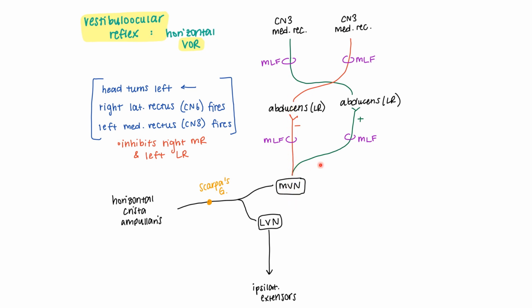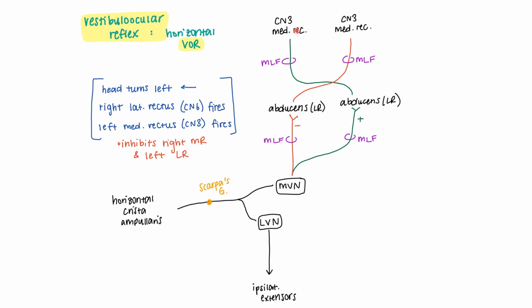And then contralaterally, we're going to activate it. So now that this is inactivated, all of the communication stops here, which means that we're not going to have any activation of our contralateral medial rectus. What's really important is that it's going to go contralateral to the abducens, and that abducens, we know from our last exam, has connections to the contralateral side, which is now going to be ipsilateral to the activated nuclei, medial rectus.